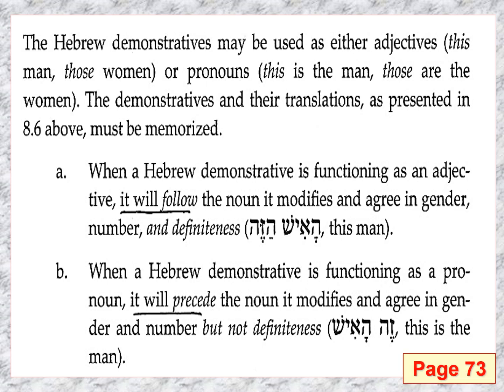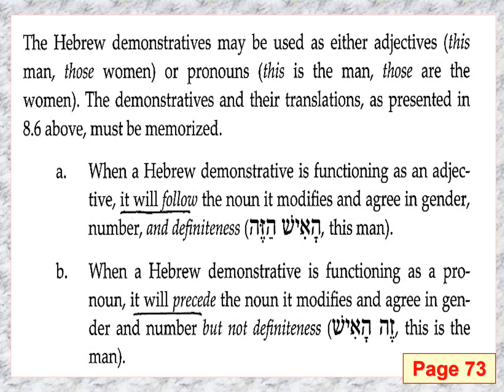They can be used as adjectives, as we've seen, this man, those men, basically in terms of particularizing or specifying a person, thing, or idea, or it can be replacing. So specifying or replacing may be a good way of thinking of the two functions of the demonstratives. In terms of pronouns, especially seeing that in some type of predicate statement or predicate clause, this is the man, those are the women.